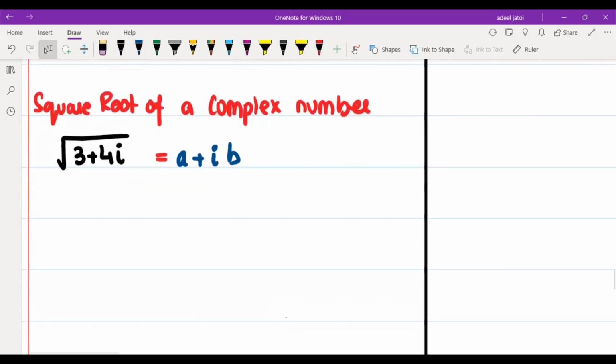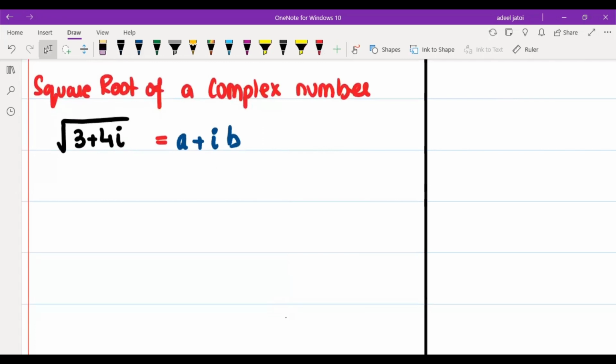So if we look into this, under root 3 plus 4 iota, I make sure that this under root is eliminated by introducing a square on both sides. So the square is cancelled out with the under root, whereas a square is introduced on this side.